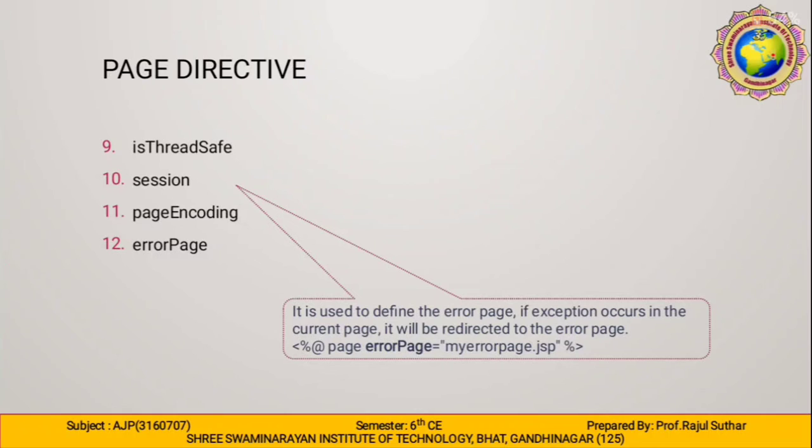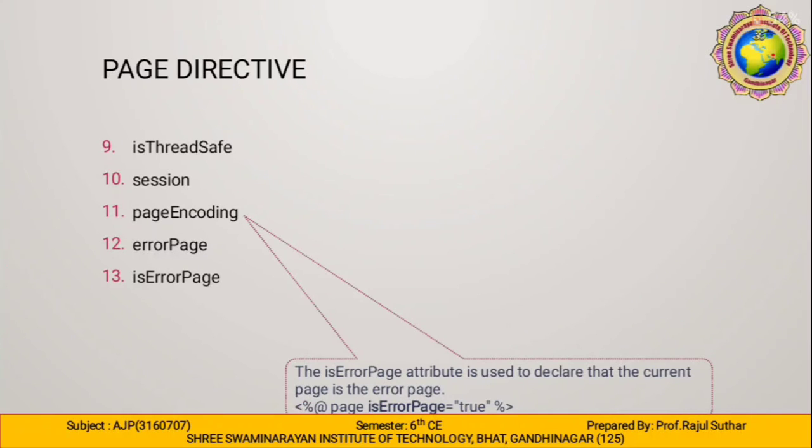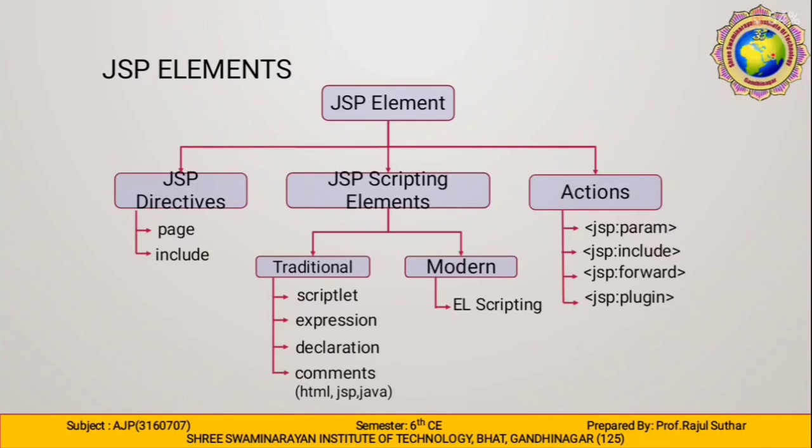It displays the error. If it is used, it defines the error page. If an exception occurs in the current page, it will be redirected to the error page. Last one, the isErrorPage attribute is used to declare that the current page is an error page. By default it is false.